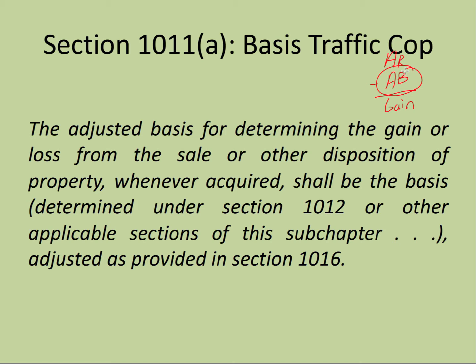Okay? So the actual language, the adjusted basis for determining gain or loss from the sale or other disposition of property, which is Section 1001, our formula, right? Our formula shall be the basis determined under various sections. You might recall some basis rules that you learned back in your basic income tax course.